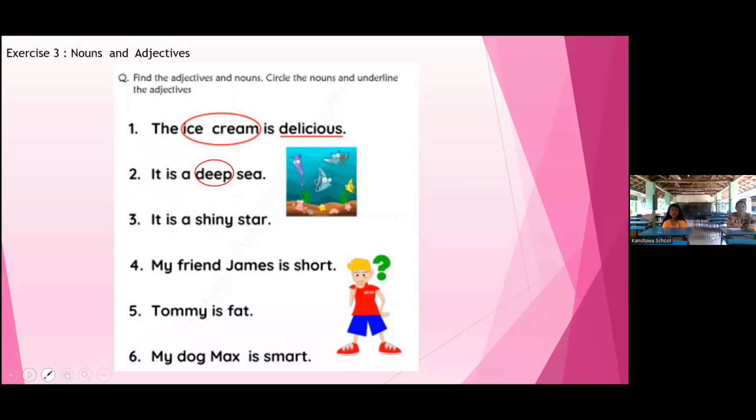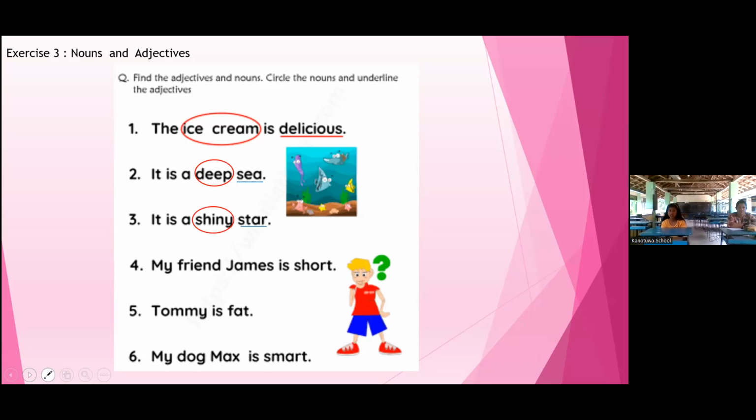The noun is sea. Well done. Good job. You're doing very well. Okay, now sentence number 3. Okay, what would be the adjective? Shiny. And what would be the noun? Dark. All right, well done.